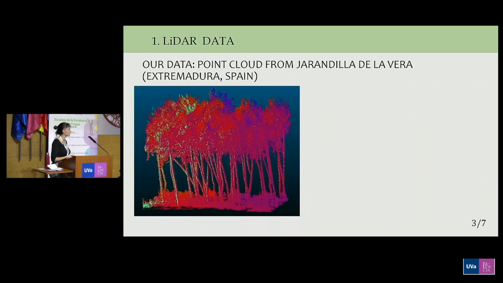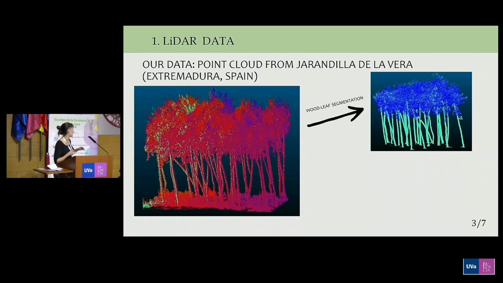When we have done this scan, we end up with a point cloud that can look like this. This is a point cloud of 28 pines in Jarandilla de la Vera, in Extremadura. This point cloud contains almost 8 million points. So this is a lot of data we have to manage, and we are interested in things like wood-leaf segmentation.